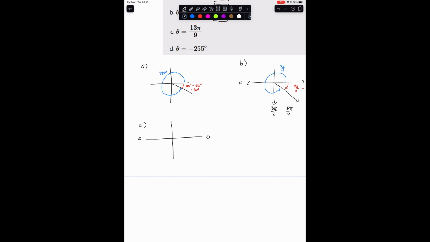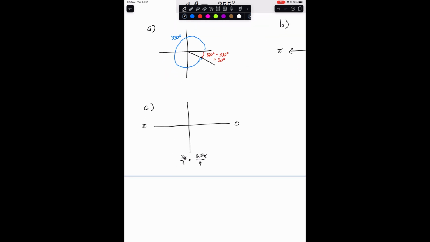Because, let me think, for 3 pi over 2, this would be 13.5 pi over 9. And this is what you get when you multiply by 4.5, okay? So that means my angle is really close. It's like right here. And this is my angle.